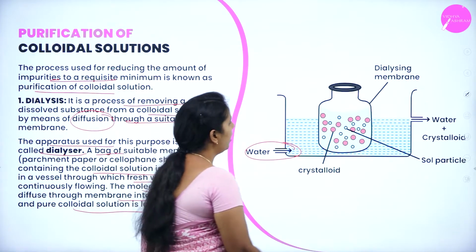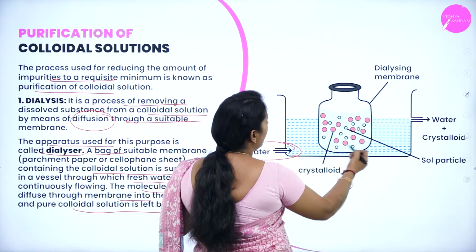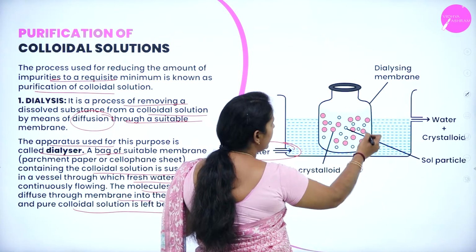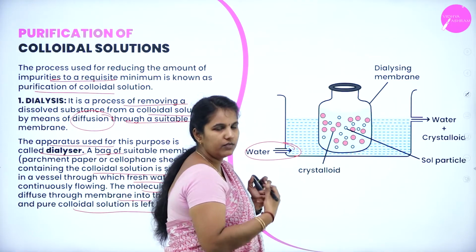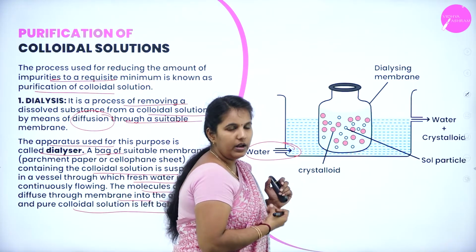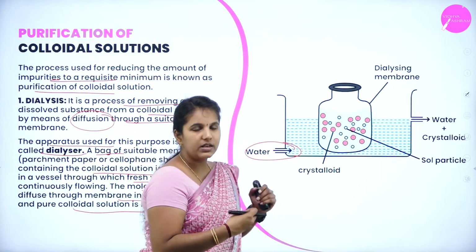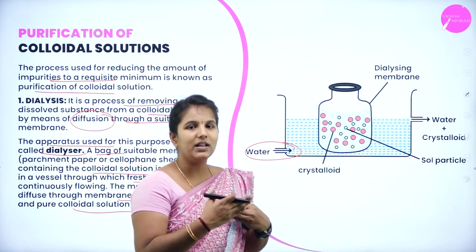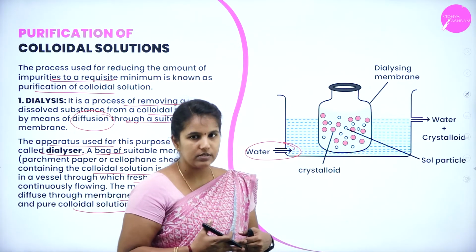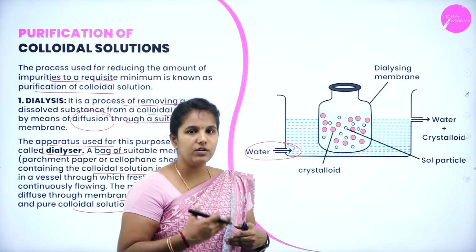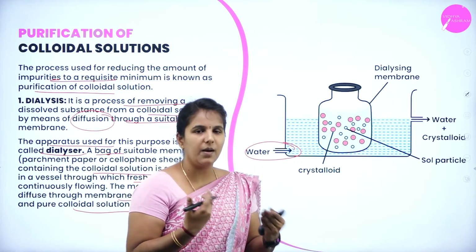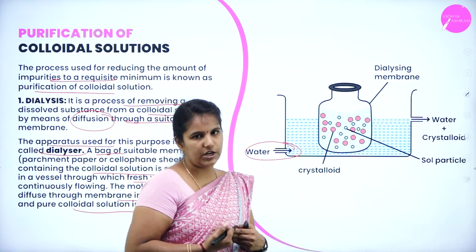They have placed a bag made up of dialyzing membrane, which is a thin membrane used in chemistry for separating any two mixtures. Here I have used a dialyzing membrane. It may be parchment paper or cellophane sheets.